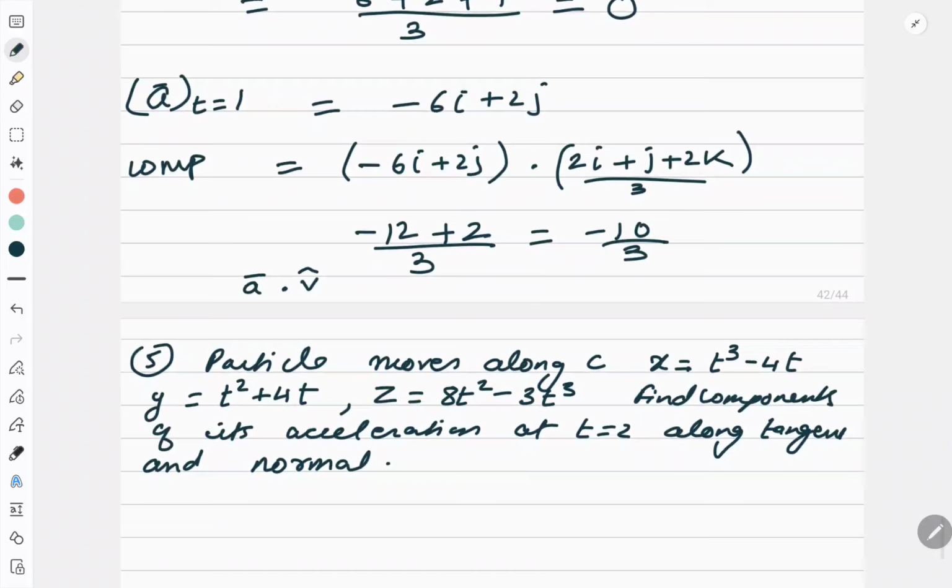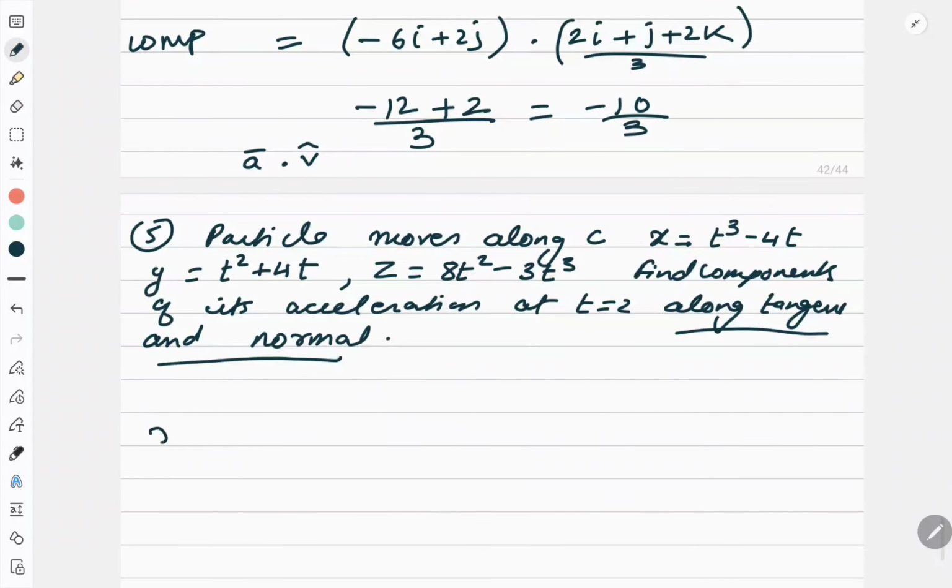Okay. Now come to the next question. A particle moves along this curve. Find component of its acceleration at t is equal to 2 along tangent and along normal. So now see here, this is what I was telling actually. R is equal to... oh, I missed one term, one second.